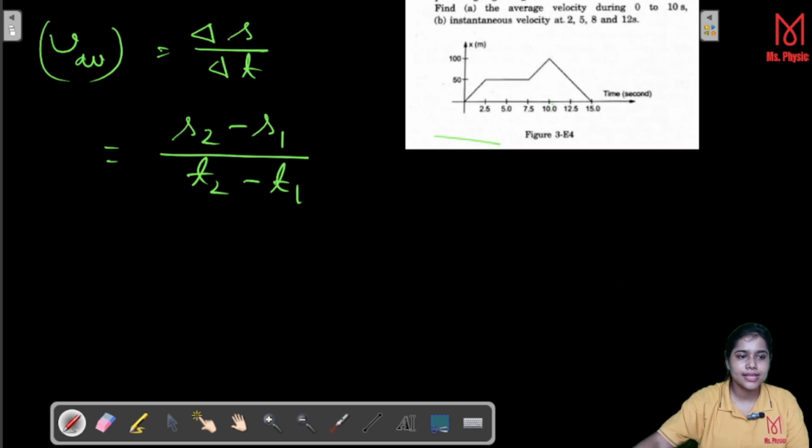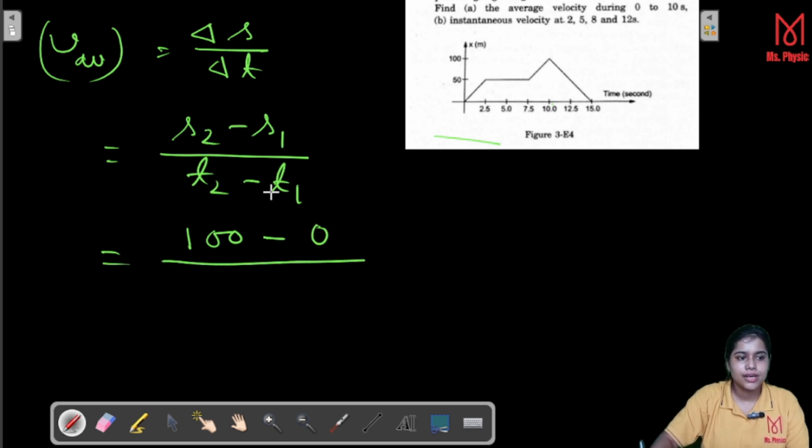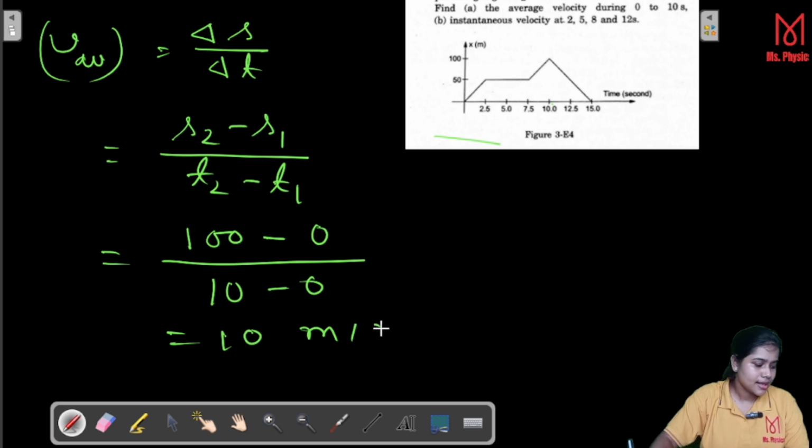You have to put in the values. At 10 seconds, the maximum value of the displacement is 100, minus S1 which is 0, over T2, the maximum value 10, minus 0. That is equal to 10 meter per second.